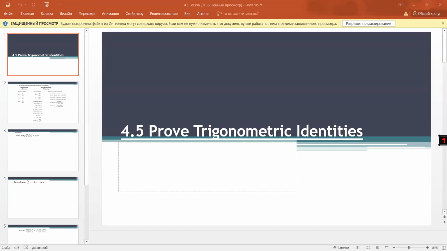So reciprocal of sine x is gonna be cosecant x. Reciprocal of cosine x is gonna be secant x, and so on. Coefficient identities, Pythagorean identities, which we also covered in previous classes, double angle formulas, and finally addition and subtraction formulas. This is what we covered in the last class.